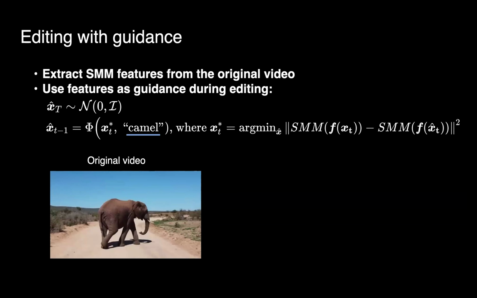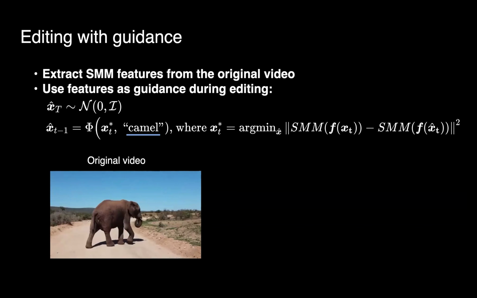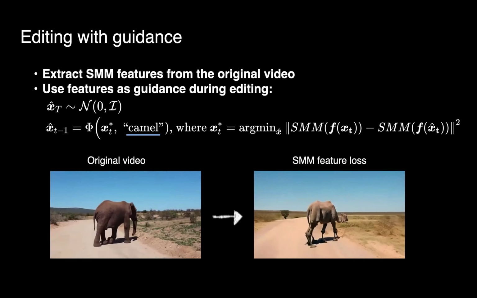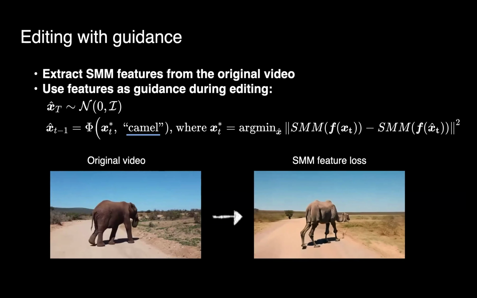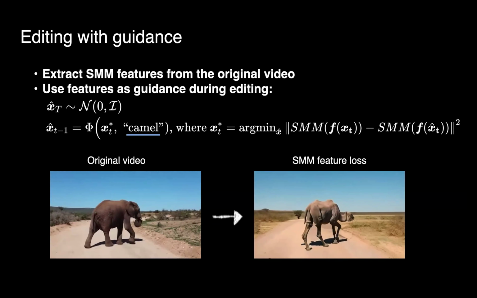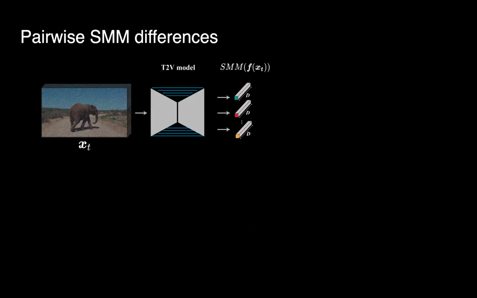At each diffusion step, we're going to optimize for xt such that the edited SMM features will match those of the original video, okay? And if we do that, we get this result. So we get some flexibility in appearance, but it looks like a camel that was squished into the shape of the elephant, right? So not quite there.